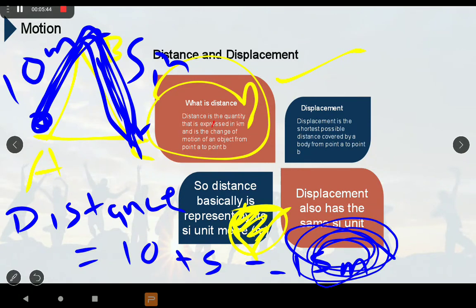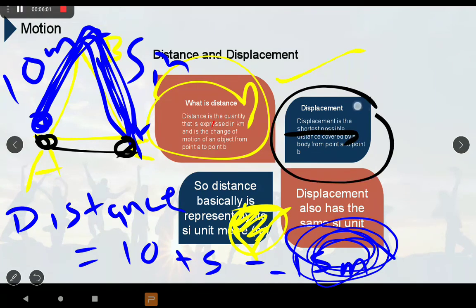Now what if I say that he could have gone from point A to C? So what will this be called? See, our next topic is displacement. Displacement is the shortest possible distance covered by a body from point A to point B. Displacement also has the same unit.